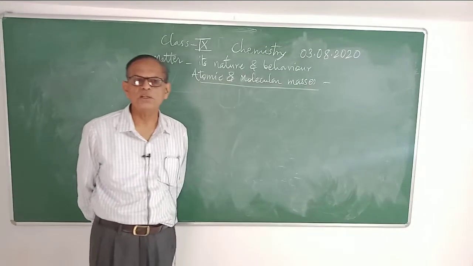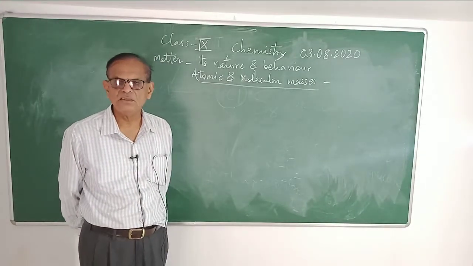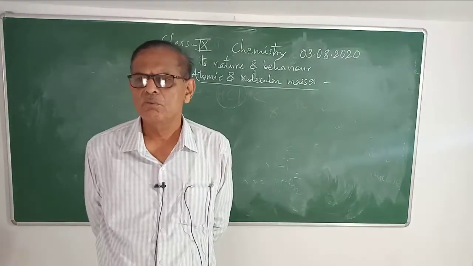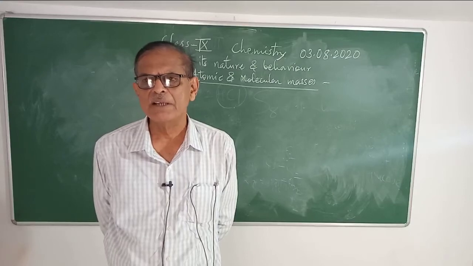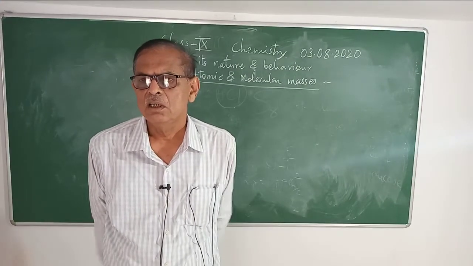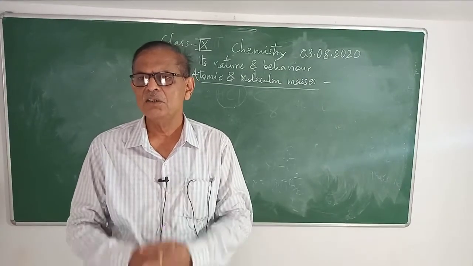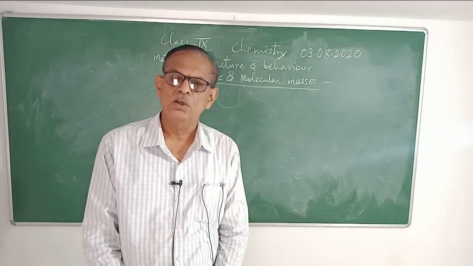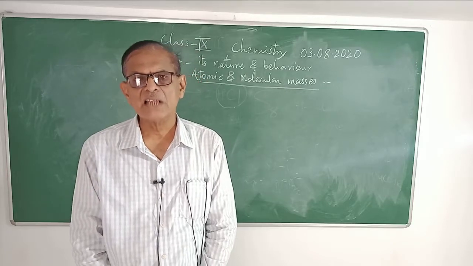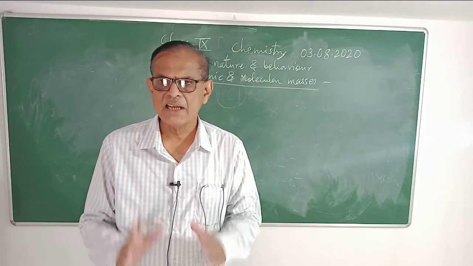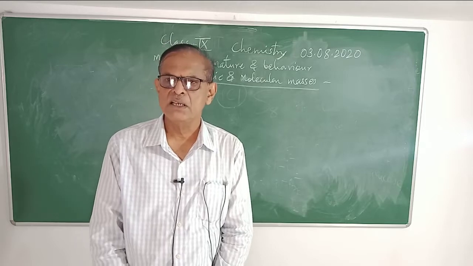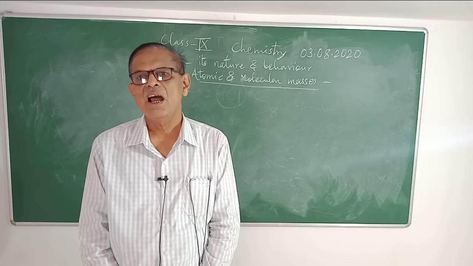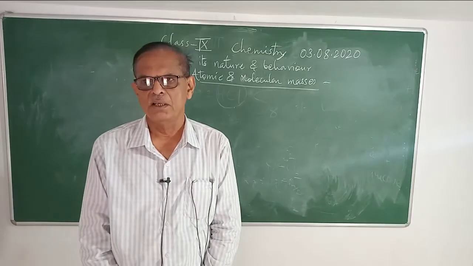Now we have to study atomic and molecular masses. Regarding atomic and molecular masses, an atom is the smallest particle of an element or matter, and therefore weighing it directly on a balance is not possible. Therefore, by taking a standard, the atomic masses and molecular masses of different elements and compounds are obtained.